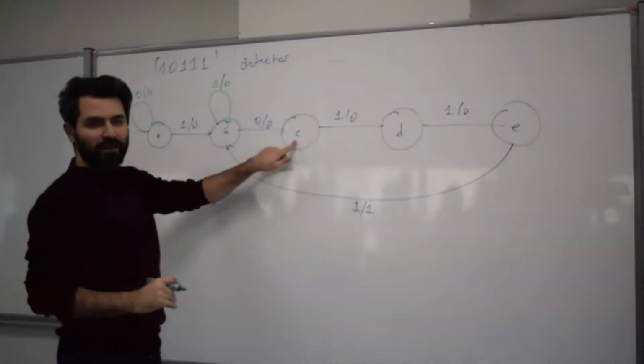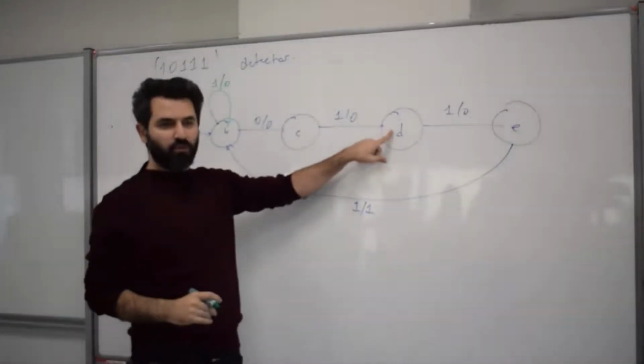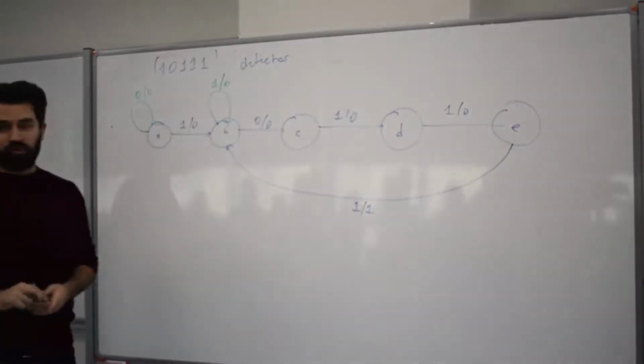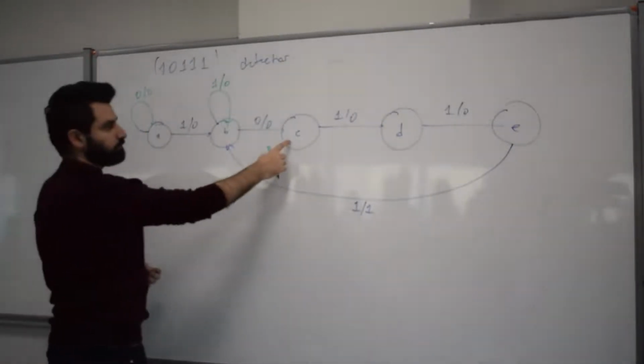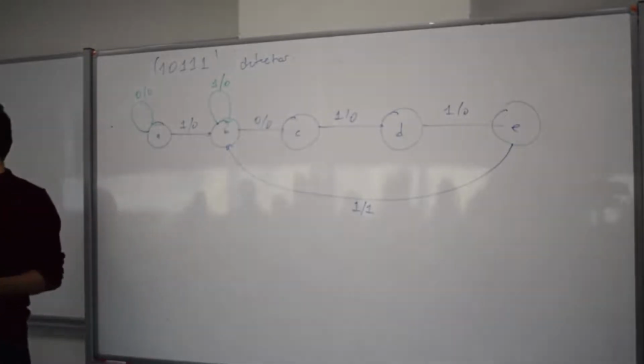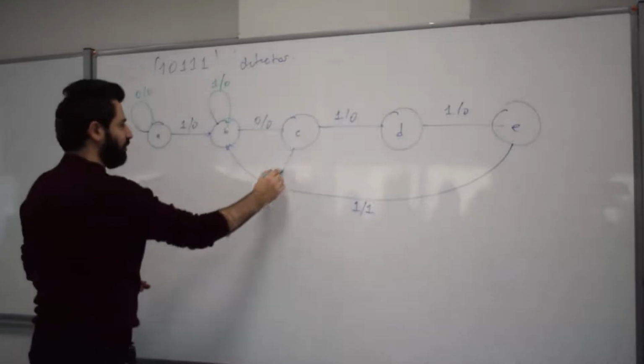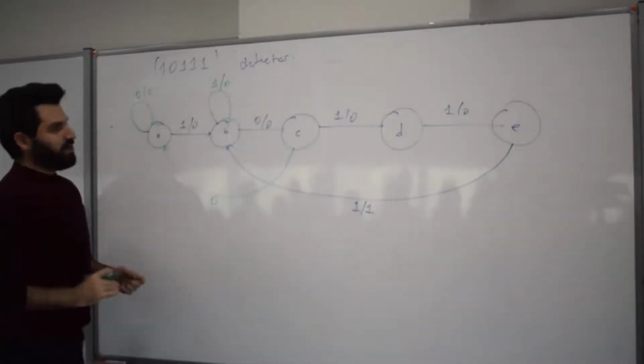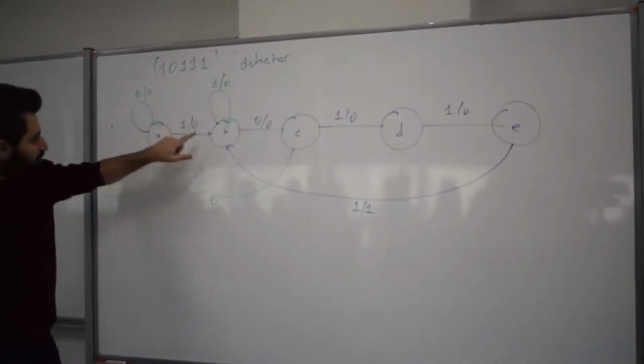Okay, in C, I know where to go if the input is 1. Well, what am I going to do if the input is 0? Where am I going to go? A. Everybody? Yes. Okay, I go to A. The input is 0. That basically means I got 1, 0.